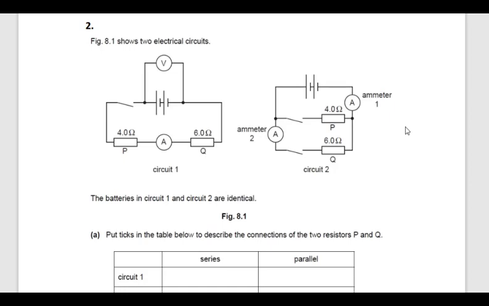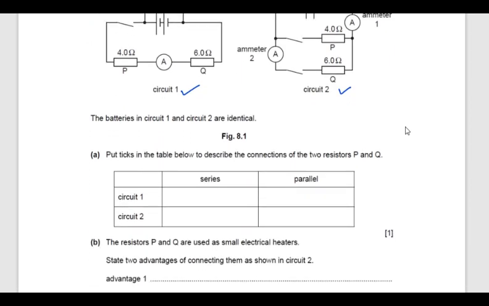Okay, we have question 2. Alright, let me read question 2. It's very straightforward. Figure 8.1 shows 2 electrical circuits, circuit 1 and circuit 2. The batteries in circuit 1 and circuit 2 are identical.